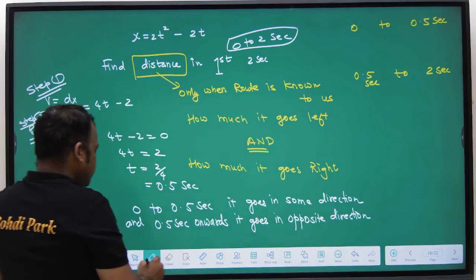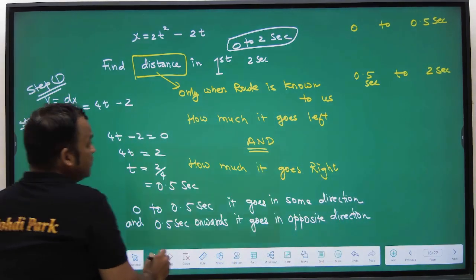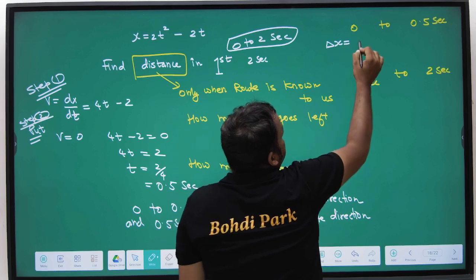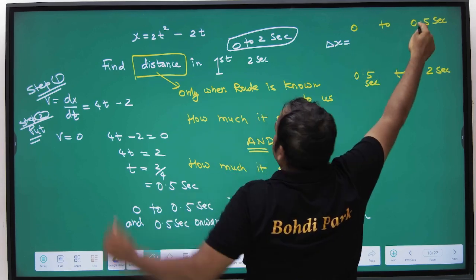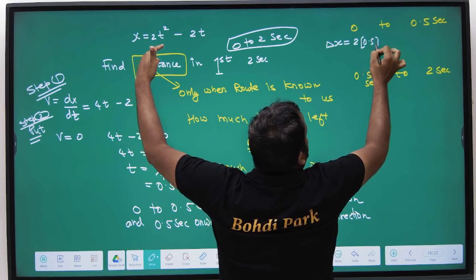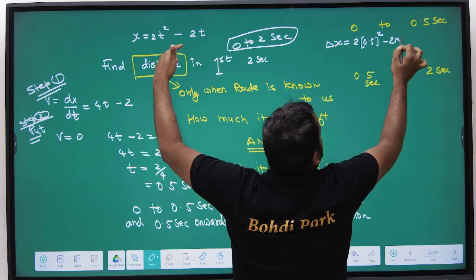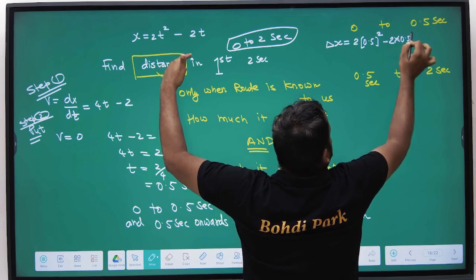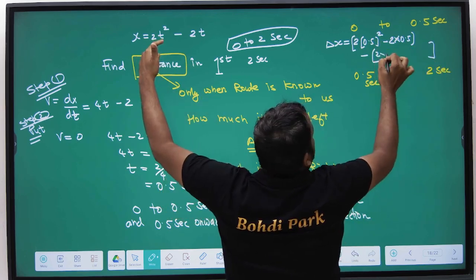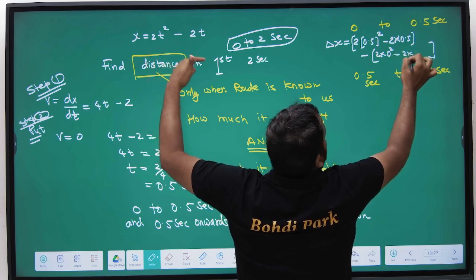We'll calculate delta x. So delta x will be position at 0.5 second minus position at 0: 2 into 0.5 square minus 2 into 0.5, minus 2 into 0 square minus 2 into 0.